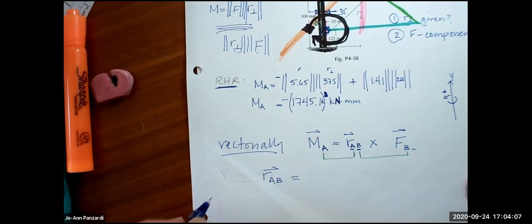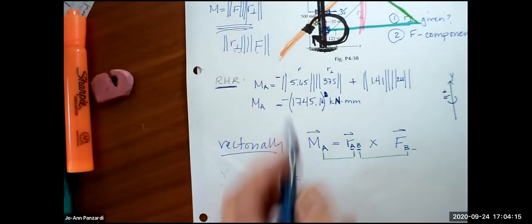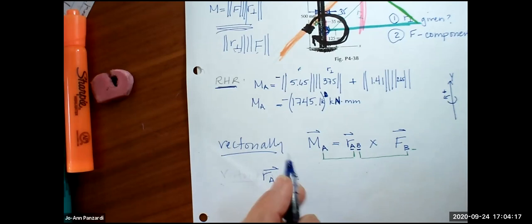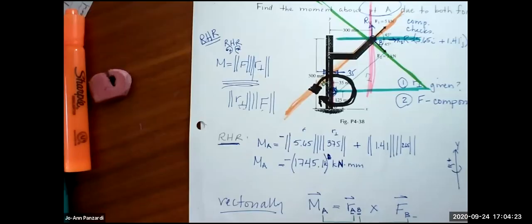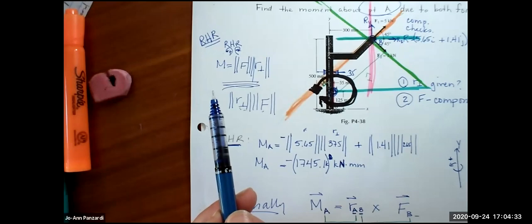Tony, you here? Yeah. Okay, great. So you see where R is, right? And you see where B is. What is the X value, the direction from A to B in X? I mean, I can't really see the picture. Yeah, and the picture has so many lines on it, it might be hard to tell. But we're going from A to B. So you wanted to know the X distance, right? 300?